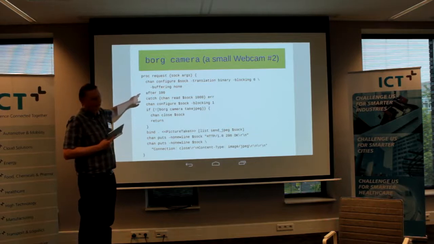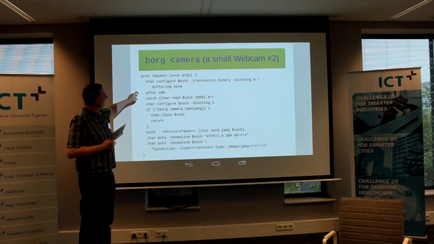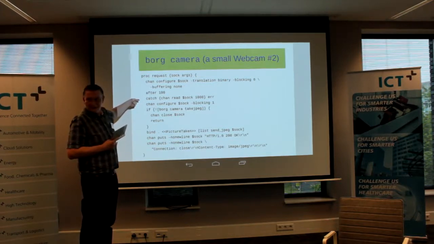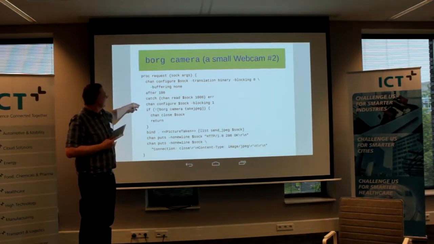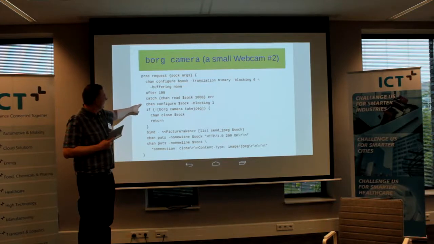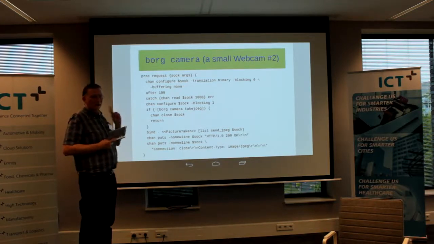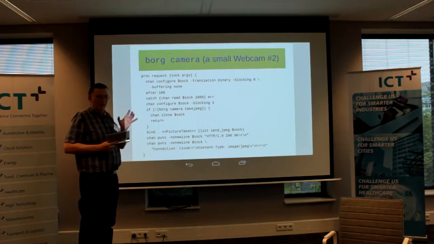The after is needed in order to have some delay to read and forget the request, the HTTP request. Then I set the channel to blocking, start the camera to take the JPEG picture, not the preview, but the JPEG.